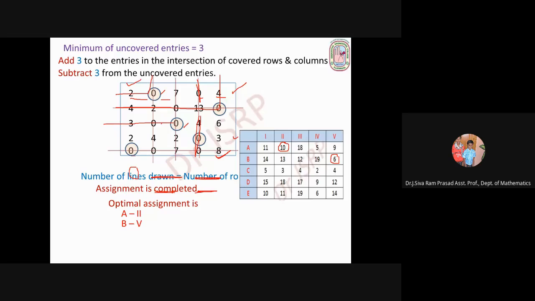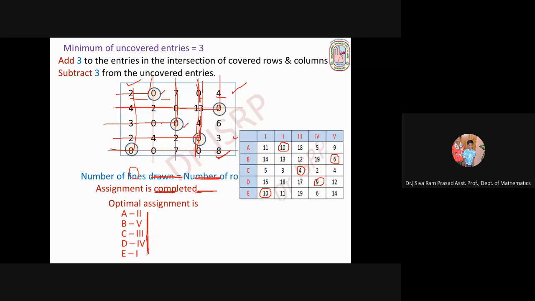Next, C is assigned to 3. Next, D is assigned to 4. Next, E is assigned to 1. So this is optimal assignment.